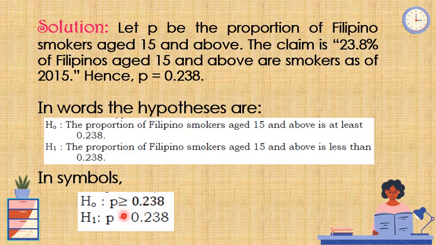Yung greater than, iko-contradict ni alternative hypothesis, kaya siya ay P is less than 0.238. Okay? So, ganun lang mag-determine ng null and alternative hypothesis using the P value. In our next lesson, mas pag-uusapan pa natin doon yung population proportion. So, I hope nakatulong ito again sa inyo sa pag-accomplish ng mga activities in your module.